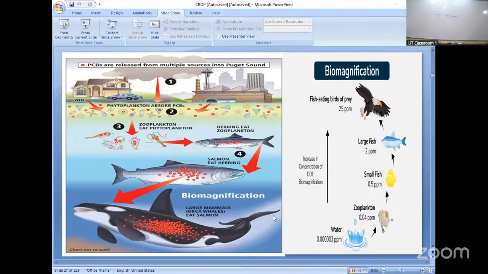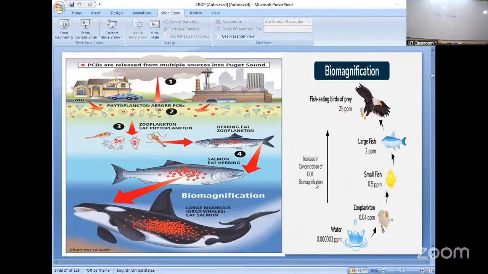So this is called biomagnification. Okay, because there is an increase in the concentration. The same way here, right? From water it enters into zooplankton, to small fish, to large fish. So there is an increase in the concentration of DDT.